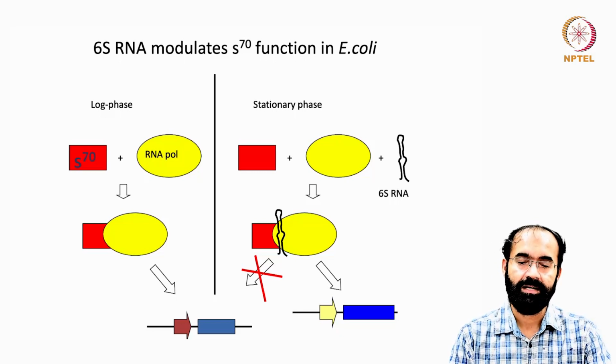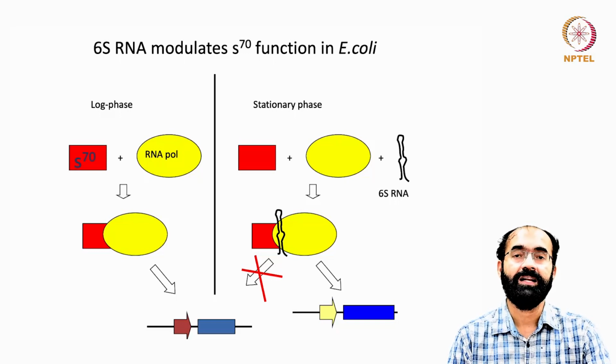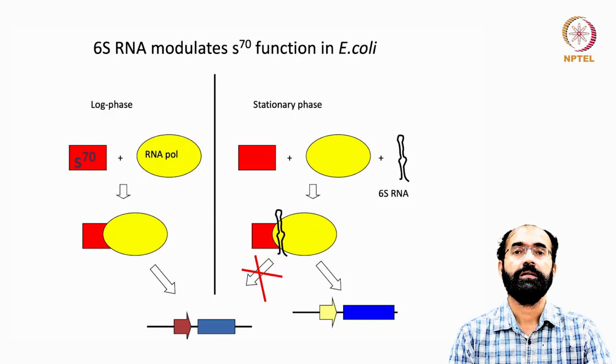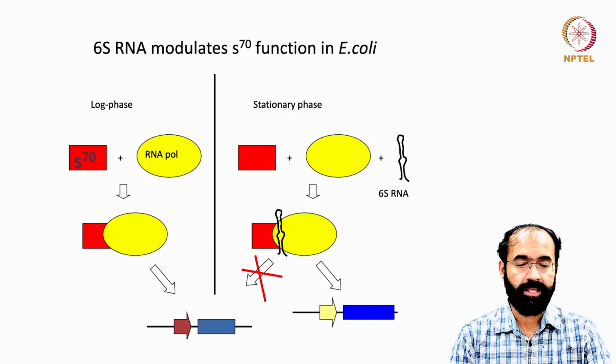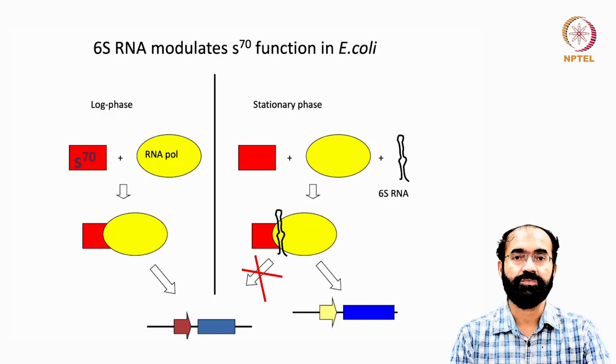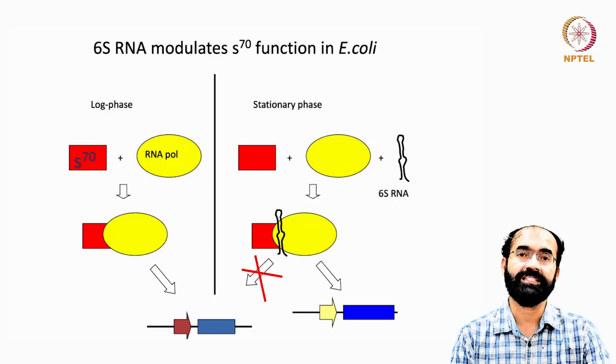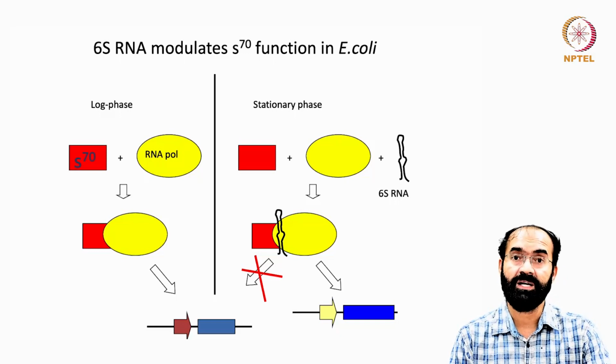They will come together, but 6S RNA will act like a bottleneck. It will act like a baffle for the gene expression event to continue. Rather, it will turn on a different set of genes. It will not turn on the genes that sigma 70 and RNA polymerase typically turn on. Rather, in the presence of 6S RNA, it will turn on a different bunch of genes.